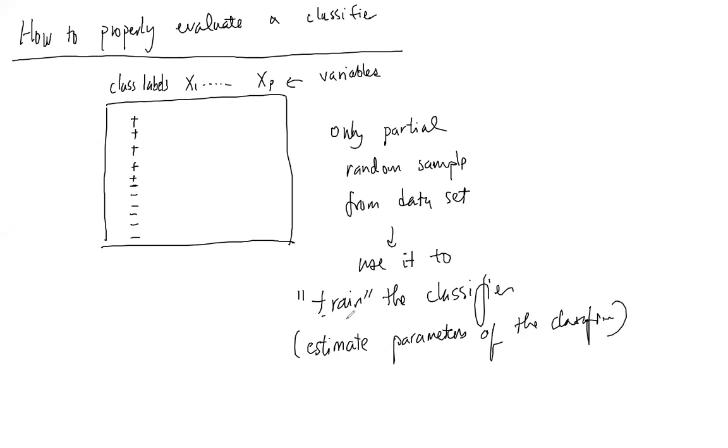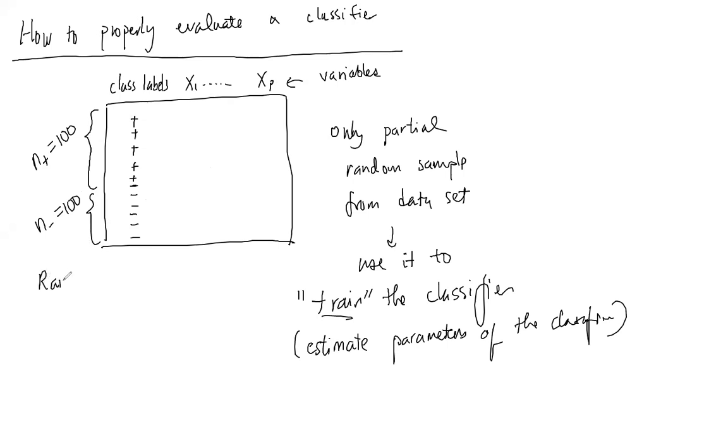Basically you use a random subset. So for example, let's say you have n plus is 100, and n minus is 100. Then in the simplest case, you could consider something like this.